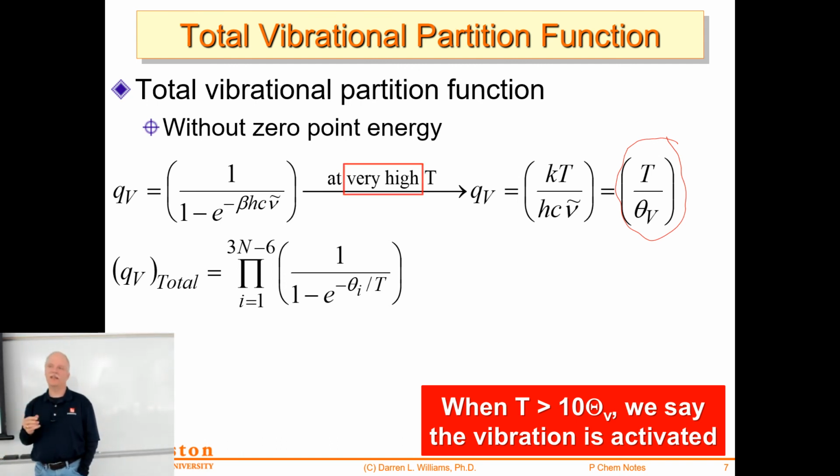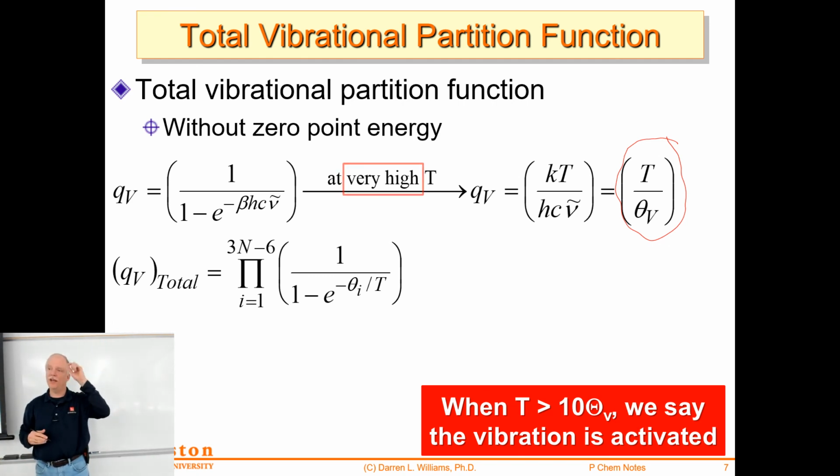3N minus 6. And so the interesting thing about partition functions is they're multiplicative. It's the product of all. So if I have the total partition function for a molecule, it's the partition function for translation times rotation times vibration. And vibration has 3N minus 6 terms. So instead of a sum, it's a product. It's the capital pi.